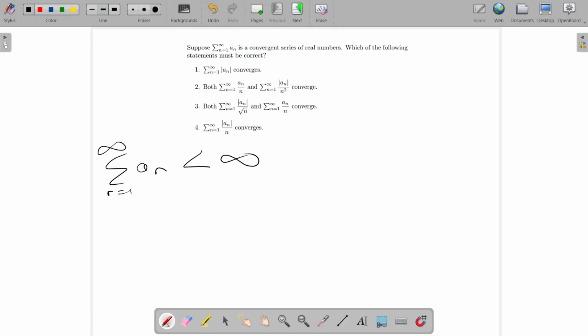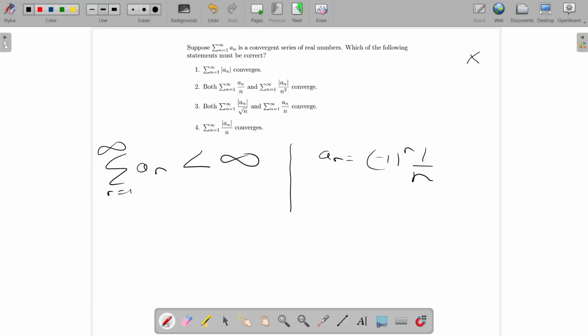The first statement is definitely false because we can take a common counterexample. Let's say a_n is minus 1 to the power n times 1 by n.